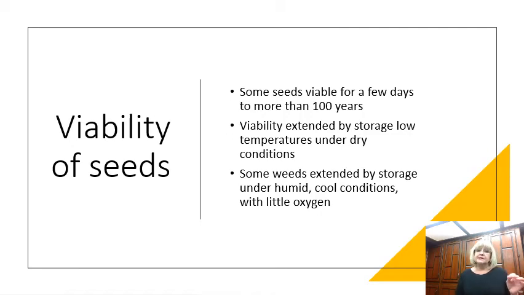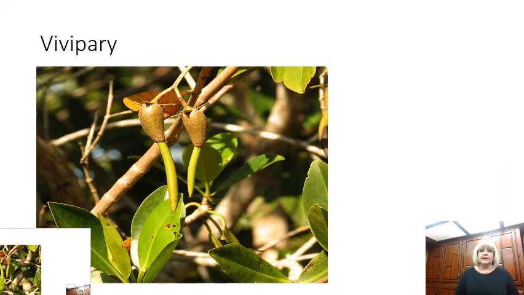And the viability of most seeds is extended by storage at low temperatures under dry conditions. But some weed seeds have their viability extended by storage under humid, cool conditions that include little oxygen. And some plants produce seeds that undergo no dormancy at all.